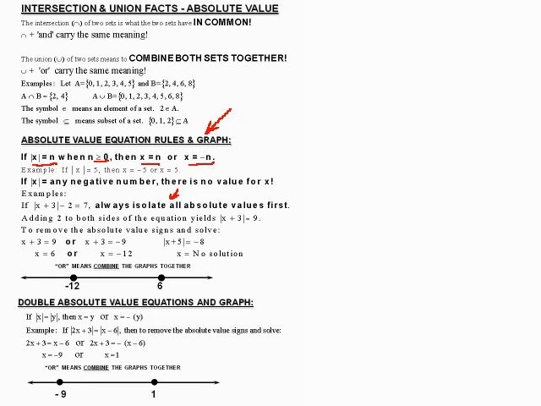And then I did another example where you'll get two answers down here. Notice I said if you ever get the absolute value of something equal to a negative, no can do. And we did discuss when it comes out to equal 0, that would be the one time you get one answer. And I will come back on the next video and we will address double absolute value equations.